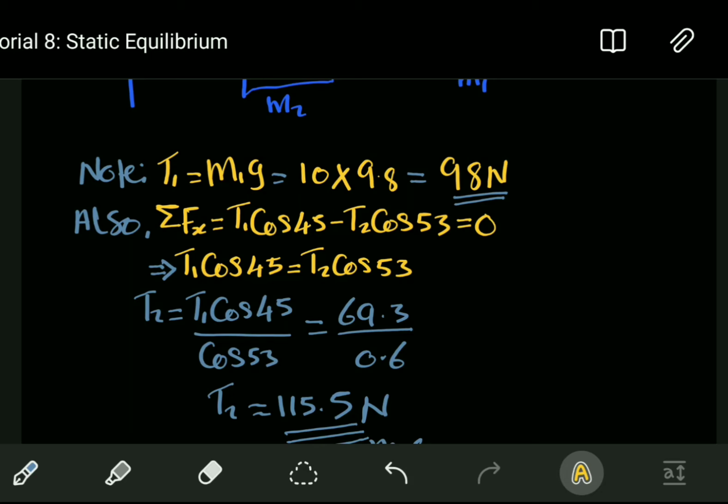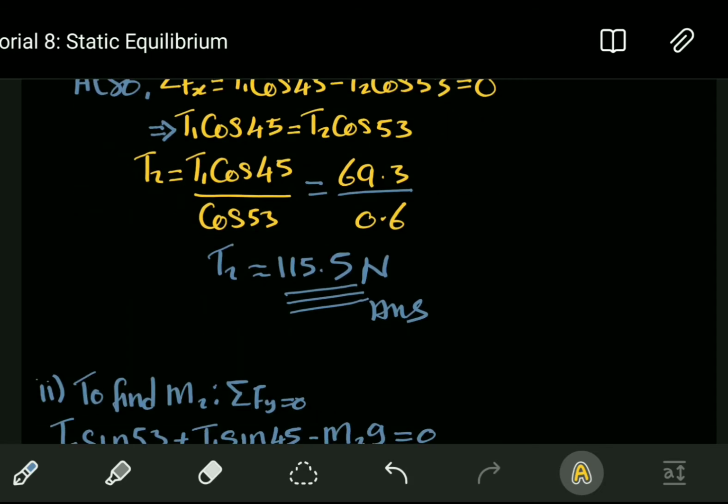We can make T2 the subject here. We can have T2 equals T1 cos 45 divided by cos 53. Substituting the value of T1, we'll have 98 times cos 45, giving us 69.3, divided by cos 53, which is 0.6.